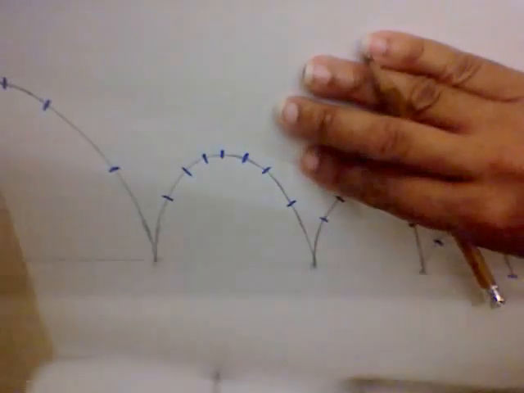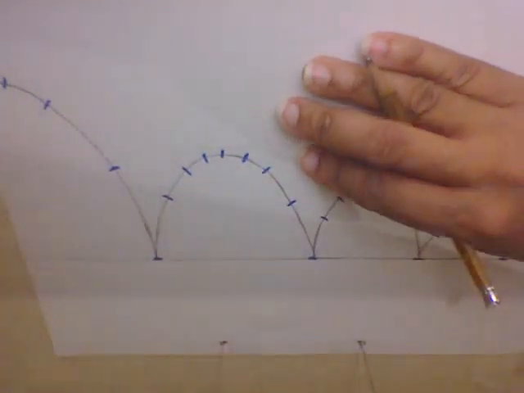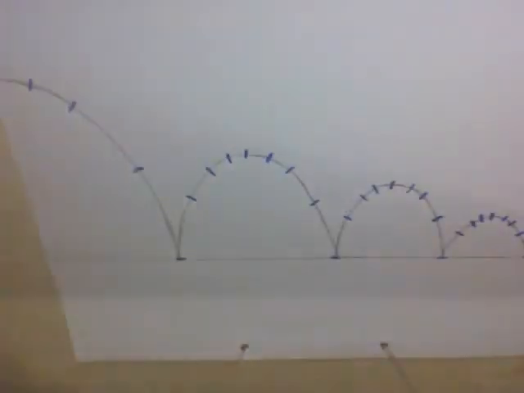One is on top. Two is a circle. Into 3 is also a circle.